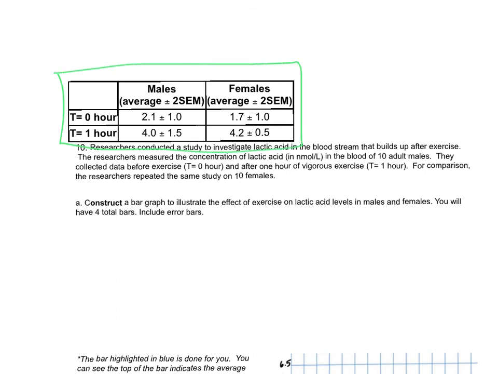So essentially you'll be creating a good old-fashioned bar graph with certain heights, and then you will draw in the I bars extending higher and lower than the top of that bar. I did one of them for you in number 10, so hopefully that makes sense. If not, please reach out for help.